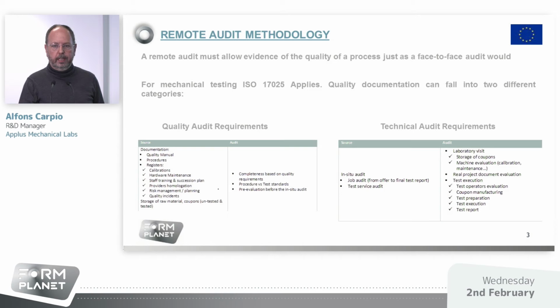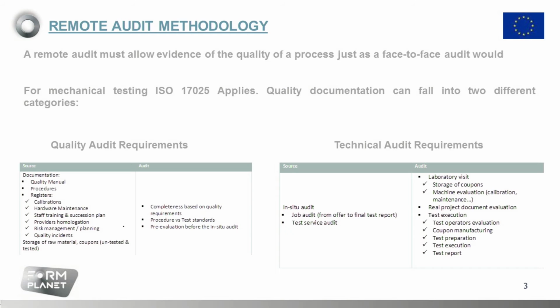So a remote audit, what does it mean? It means that we have to find some method to be able to perform a quality audit as it has been done face-to-face, which is the standard way of doing audits. For mechanical testing laboratories, most of the laboratories, but also in other kinds of testing related to the FormPlanet project, ISO 17025 applies.